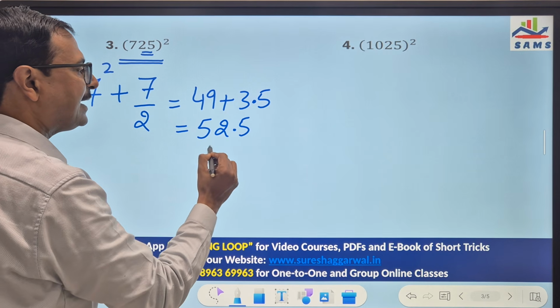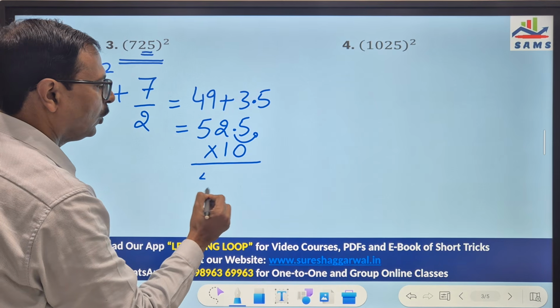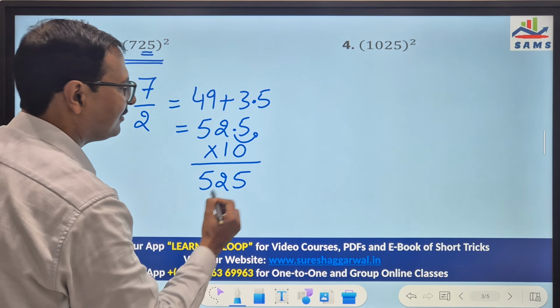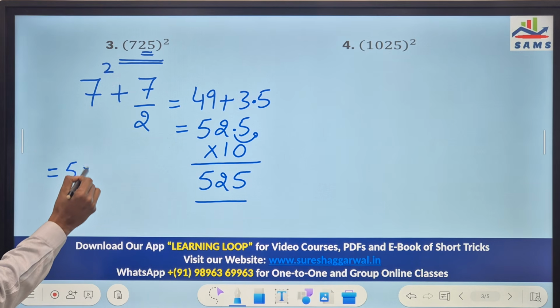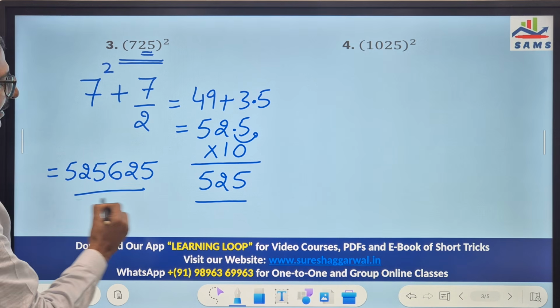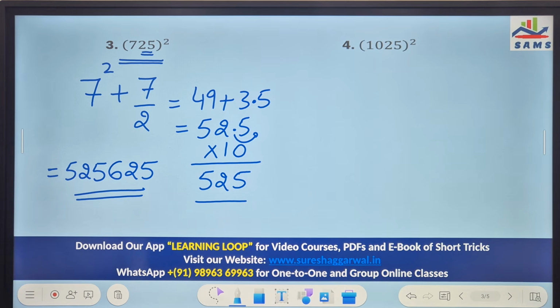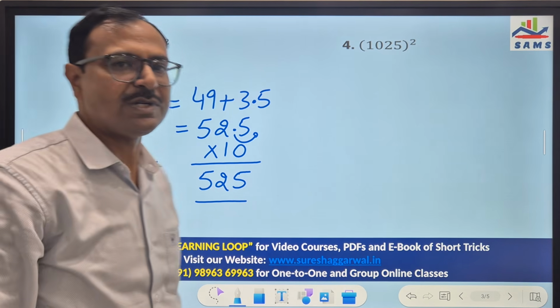But when you multiply this by 10, the decimal will shift and you will get a whole number, 525. So what is the answer for the question? You already know it, right? 525 as the first part and 625 as the second part. And check using the calculator, the answer is correct. 525625 is the square of 725.